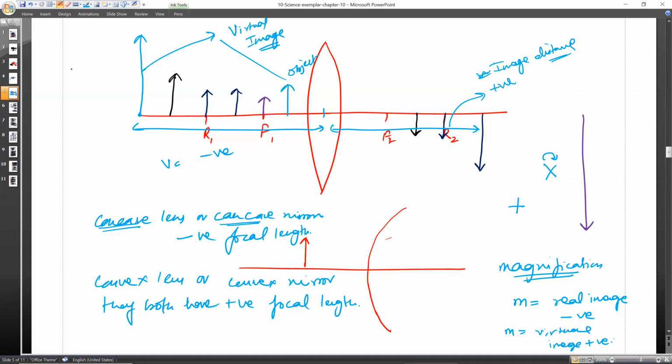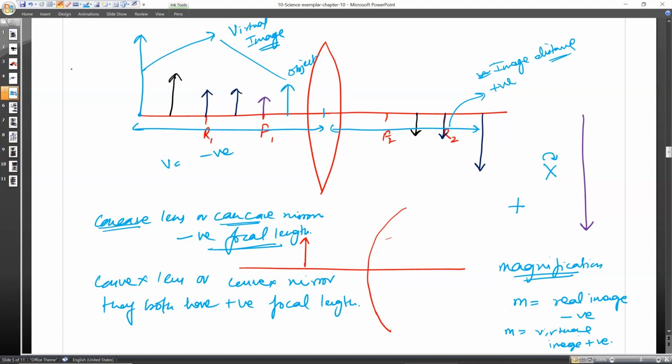Understood? For a concave mirror or concave lens, negative focal length, common for both. For a convex lens or convex mirror, focal length will be positive. Whether it is a lens or a mirror, if it is a real image, we take the magnification as negative. If we have a virtual image, then we take it as positive.